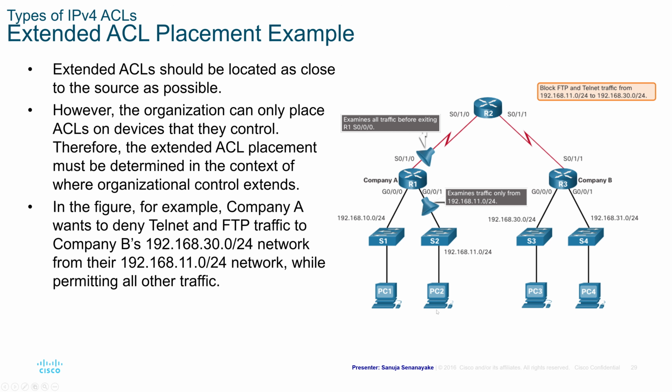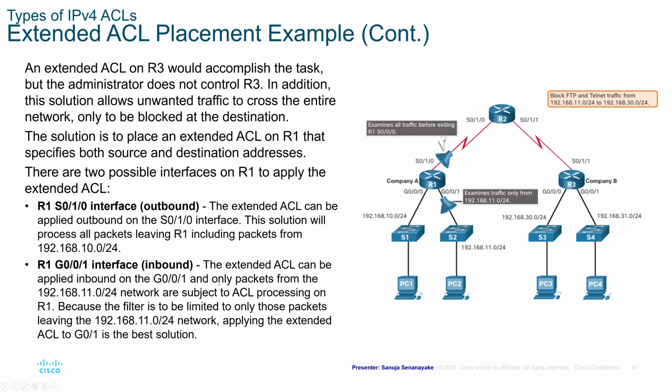They want to prevent this network from reaching this network. So it's the same situation, but the company doesn't have control over this. It's a similar situation, right, like the previous example. Now, how can we solve this?